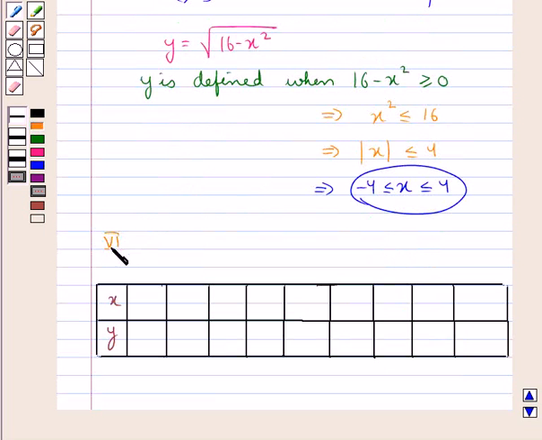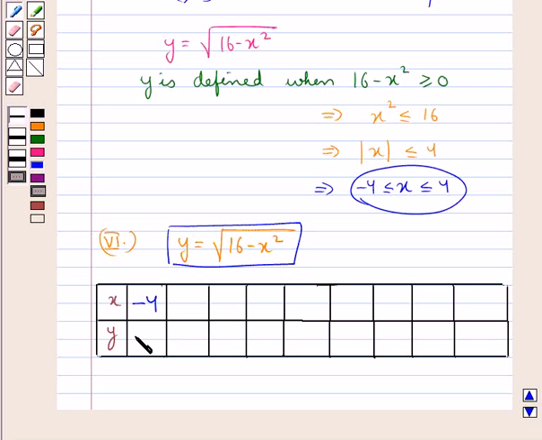Now in the next step, we prepare a table of values to find a few points. We had y equal to square root of 16 minus x square as the function. For x equal to minus 4 in this function, we have the value of y as 0. For x equal to minus 3, value of y is 2.6. For x equal to minus 2, the value of y is 3.5.